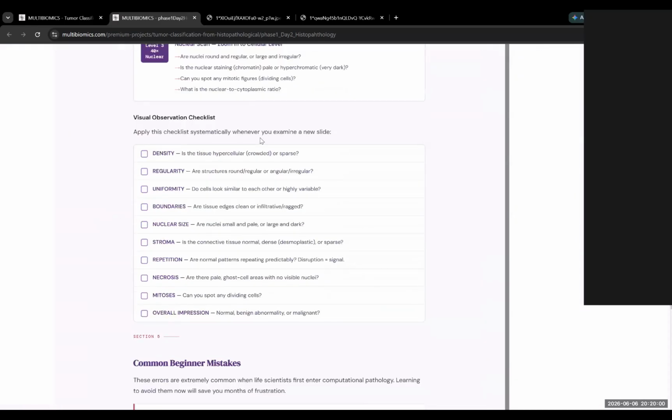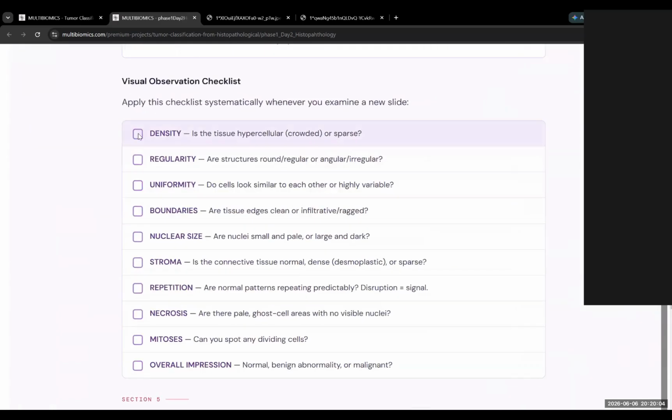Now, once you have seen a tissue, these are the things you have to check for. What is the density? Whether it is regular or not, whether the cells are uniformly arranged, whether it is respecting the boundaries. Also necrosis. What do you mean by necrosis?